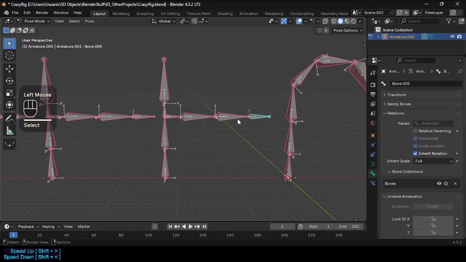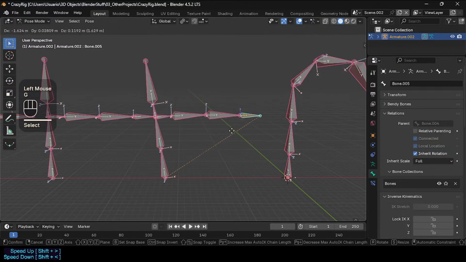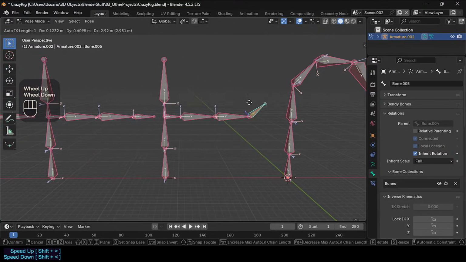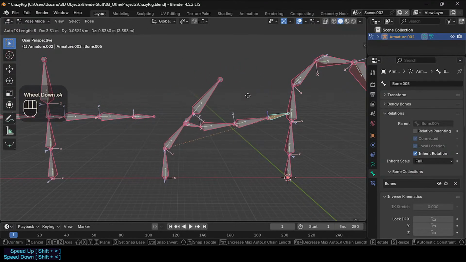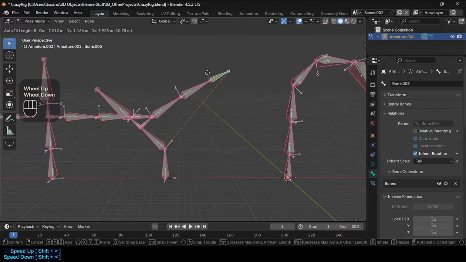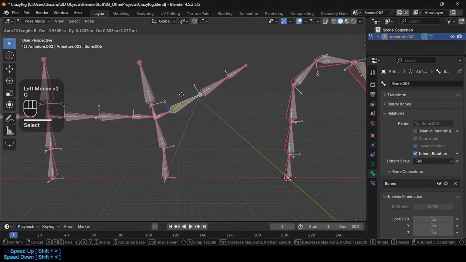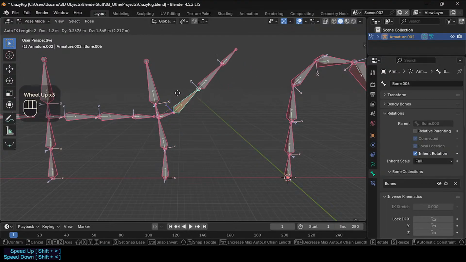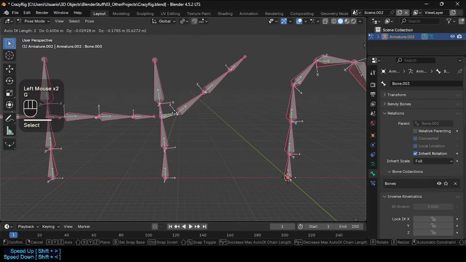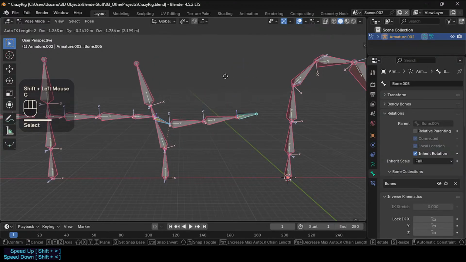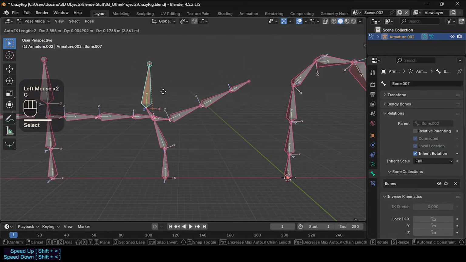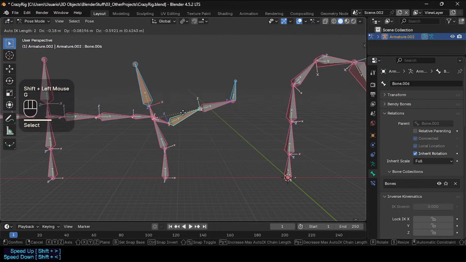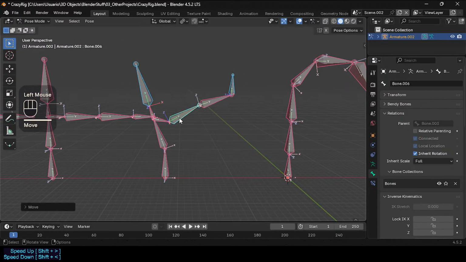So here, if I try the Auto IK option with changing the wheel, you'll see that I can extend the Auto IK towards the spine, and that can be very interesting. And we can also pick many bones at a time, and this can sometimes provide some interesting results.